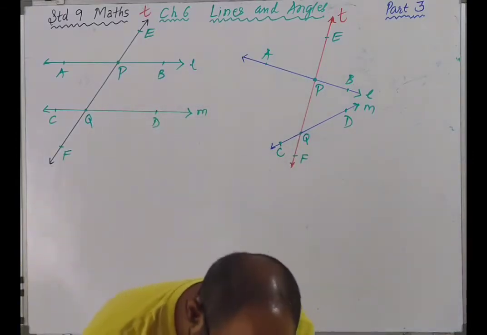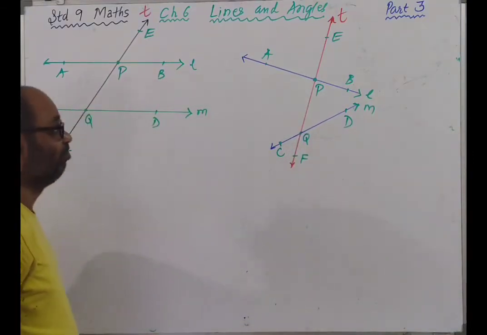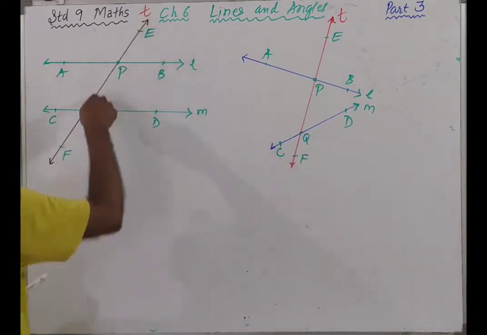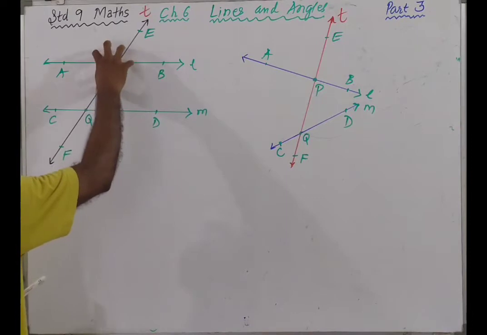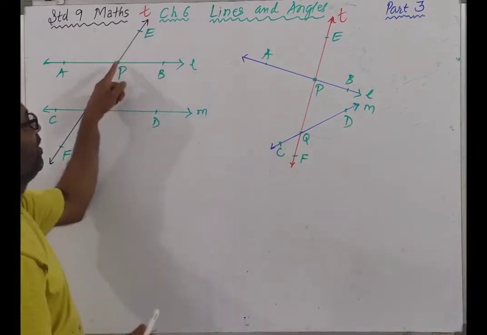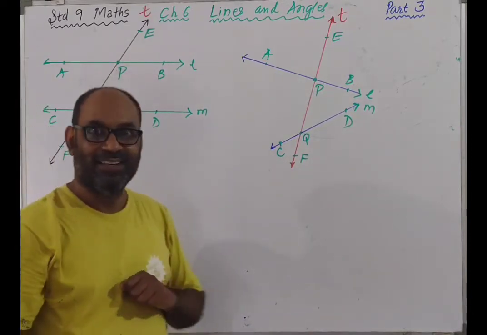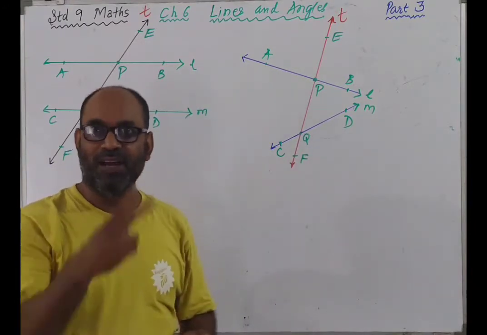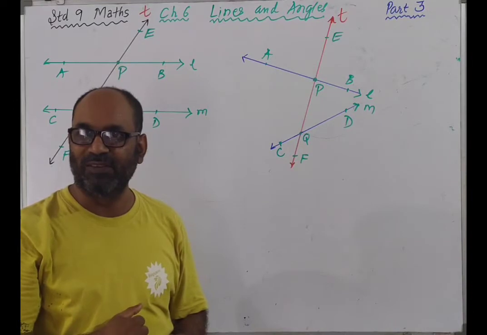Alright, children. Now, yes, the black line and green line L, they are intersecting. And this is the point of intersection. So 4 linear pairs are formed and 2 pairs of vertically opposite angles are formed.